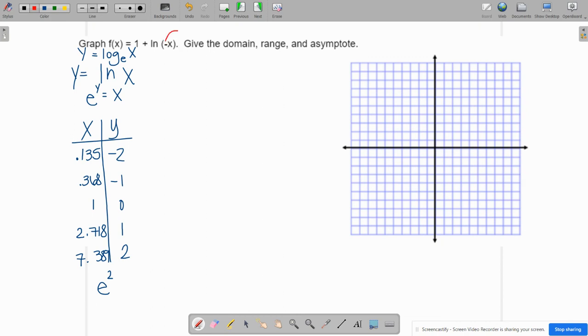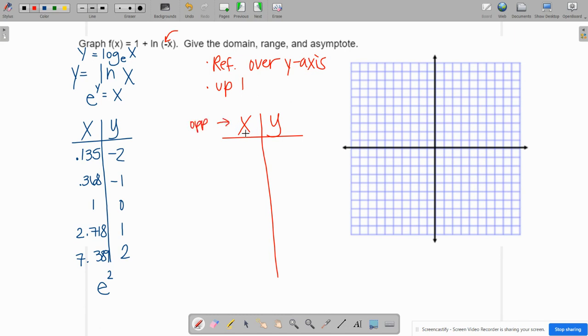So we can still do the same thing over here. When we have this negative in front of the x inside of parentheses, this means that we are going to be reflecting over the y-axis. And then the +1 outside means that we are going to go up 1. So if we're going to make our table for this other function after the transformations, reflecting over the y-axis means that the first thing you're going to do is take the opposite of whatever your x is, right?